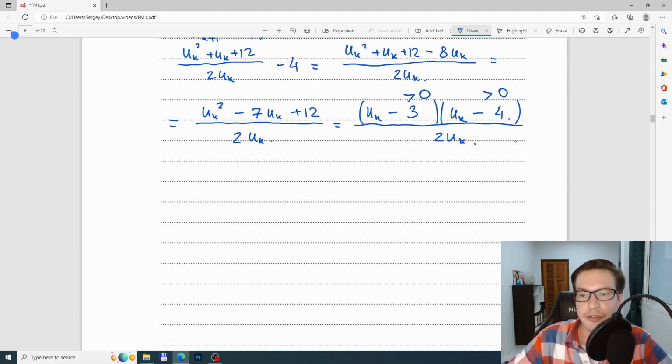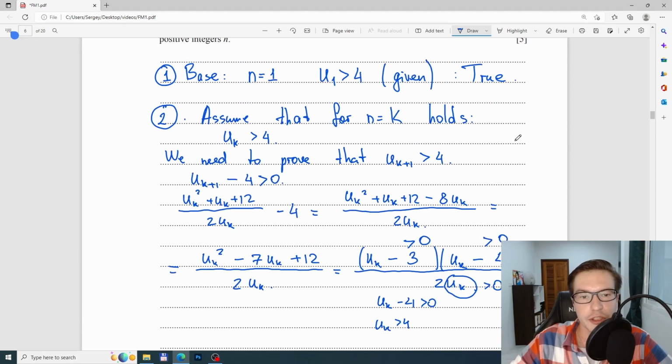And by the same reason, uk is bigger than 4, so automatically uk is also going to be bigger than 0. So that means we have a positive number on top times another positive number over a positive number. So altogether, that is going to be bigger than 0.